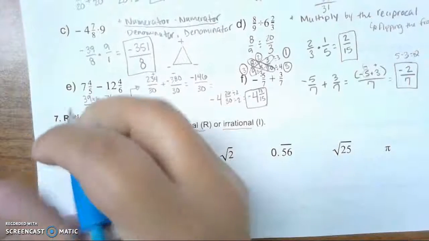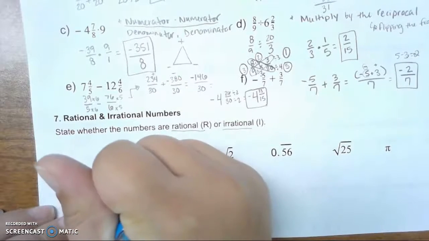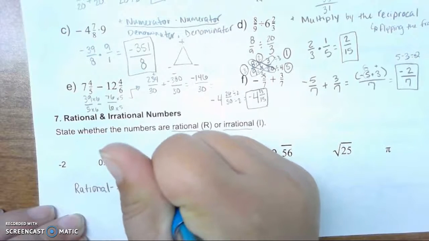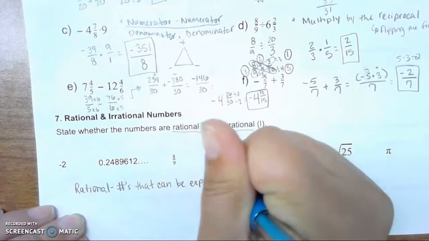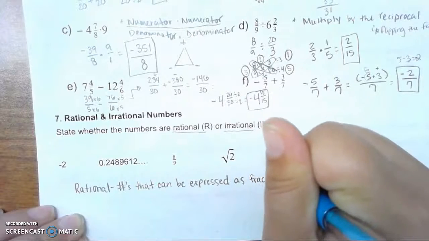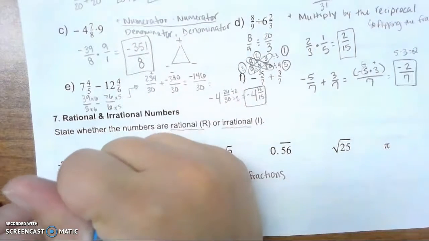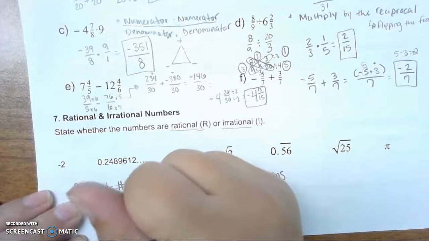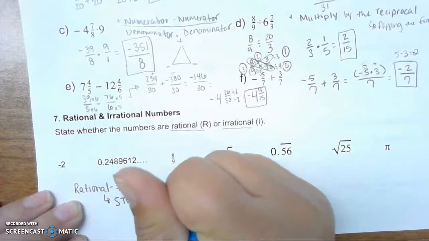Remember, the definition of rational is numbers that can be expressed as fractions. They have 2 characteristics. They stop or they repeat.